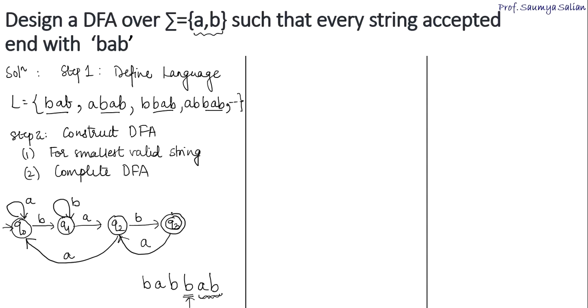So from the diagram I can say that if I put up the transition of B to Q1, I know at the end I can reach this A and B, right? So this is how we construct a DFA for the given question.